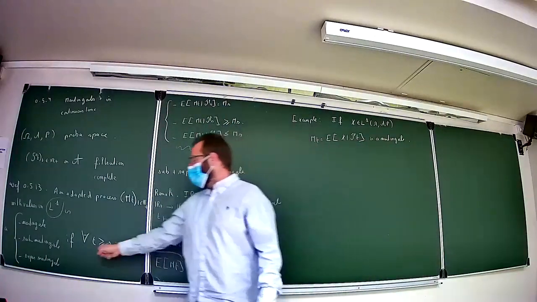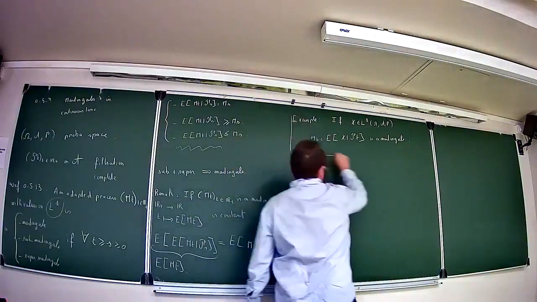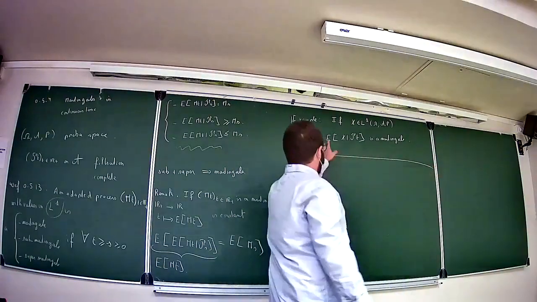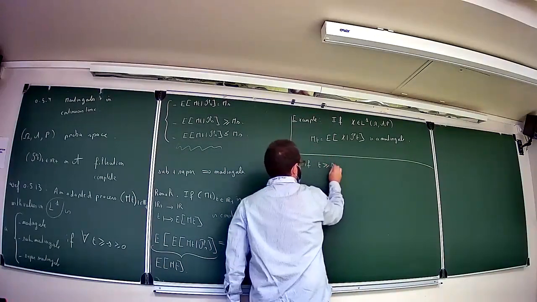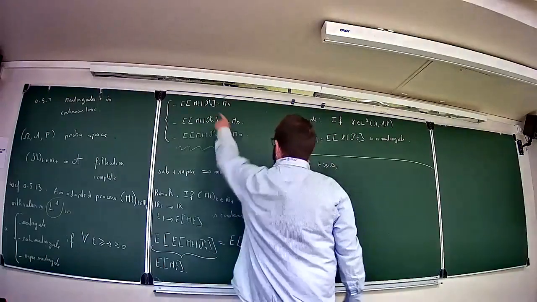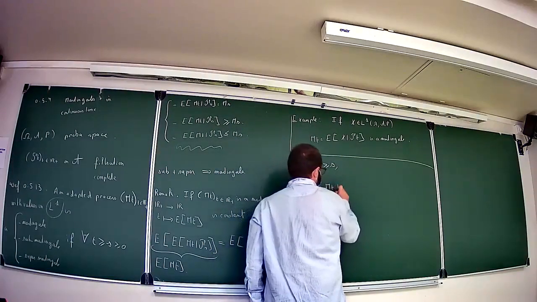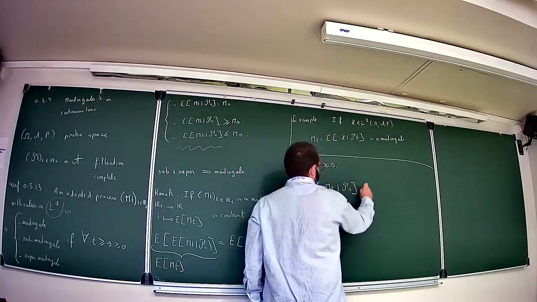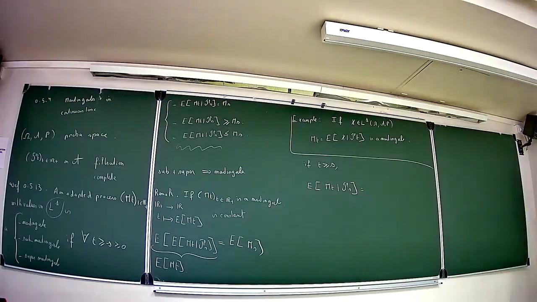For t greater than s, to show why I have this example, I am interested in the conditional expectation of Mt given Fs, and I want to prove that it is equal to Ms. The tower property, yes, exactly this one.